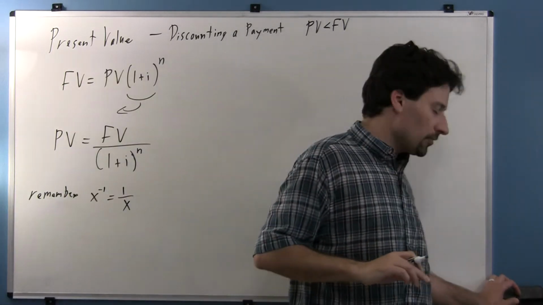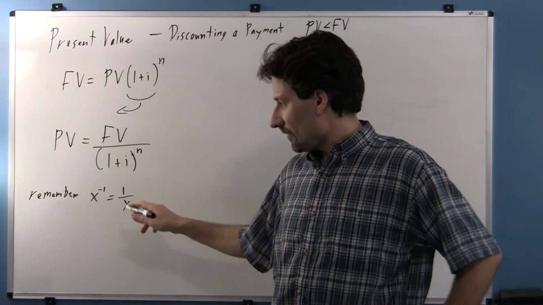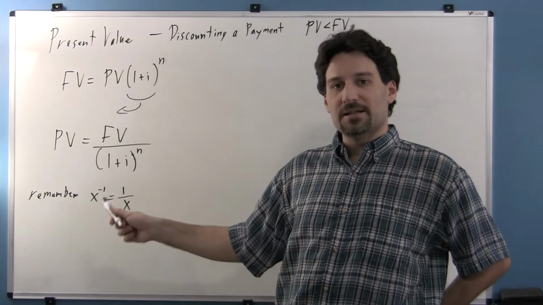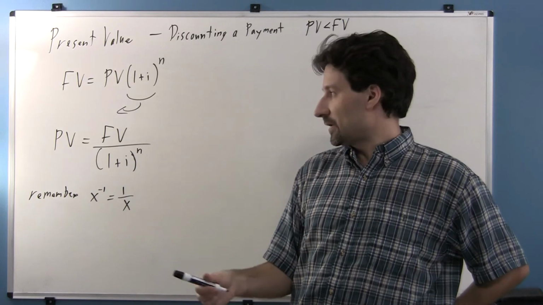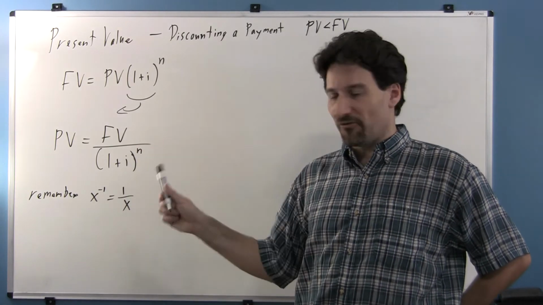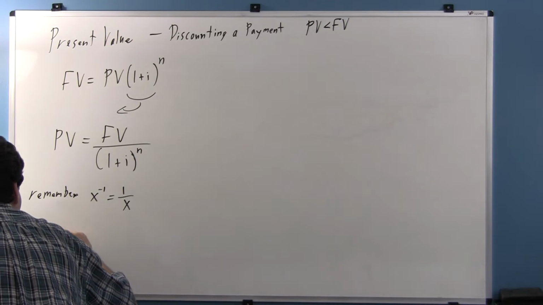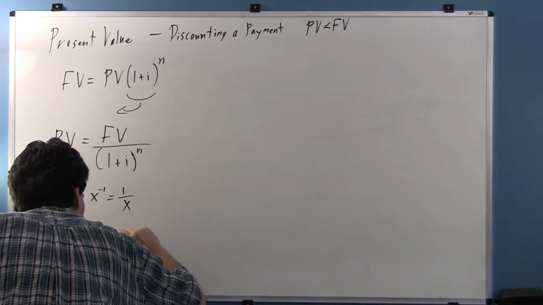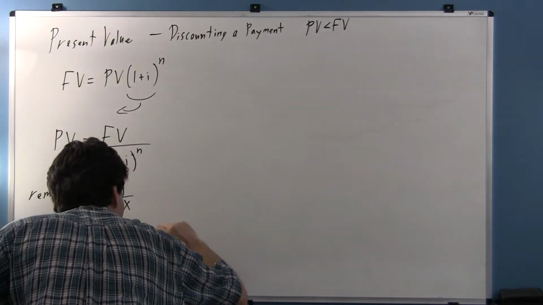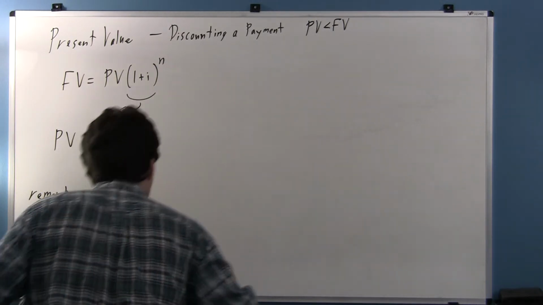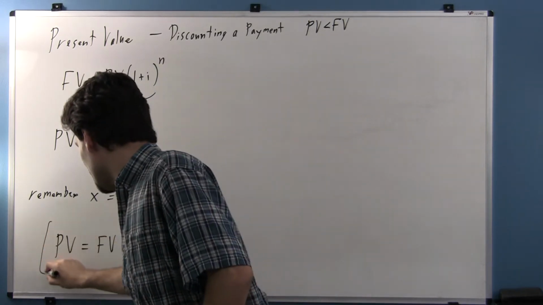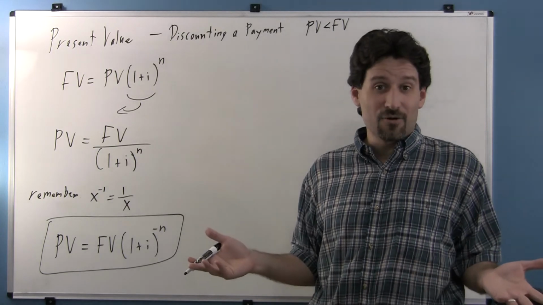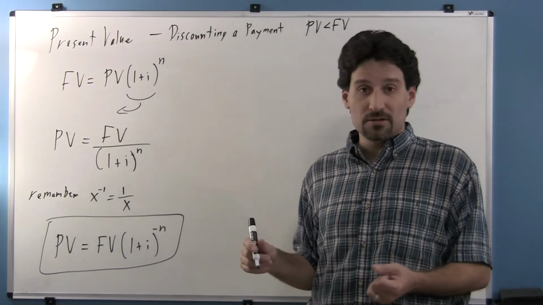If you have 1 over something, that's the same as that number to a negative exponent. So we can simplify this. We get instead PV equals FV times bracket 1 plus i bracket to the negative n. Isn't that a lovely formula? It's exactly the same formula, except we've just changed the exponent to negative.